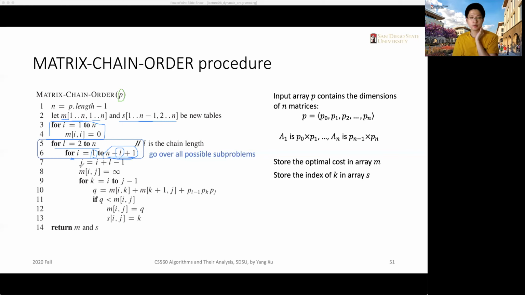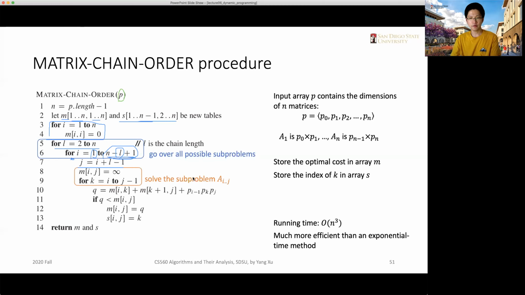And also, the J will be determined by I and L, right? Because J is L minus 1 elements to the right of I, okay? So the first two for loops go over all possible subproblems. And for each subproblem, we need to solve it, right?